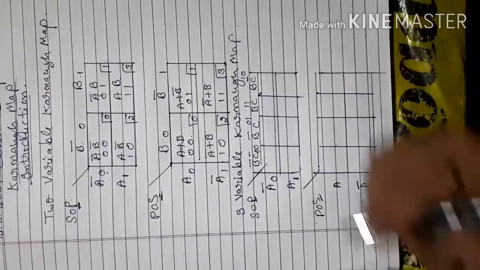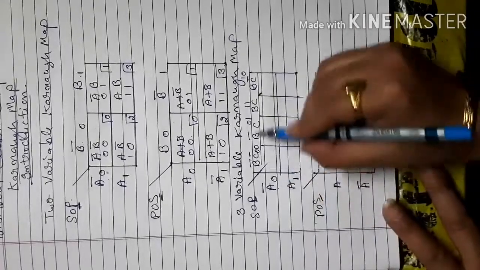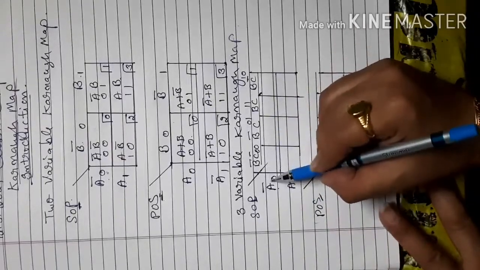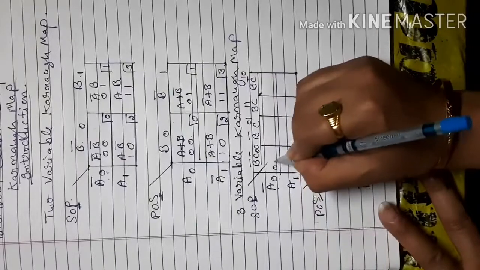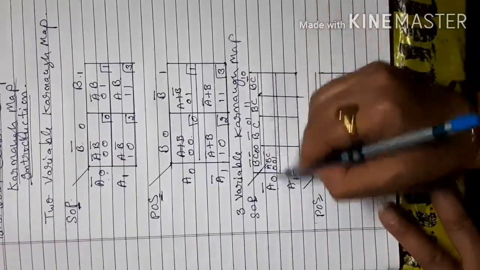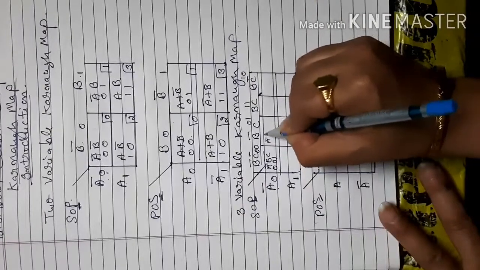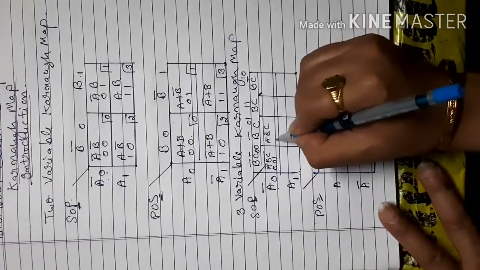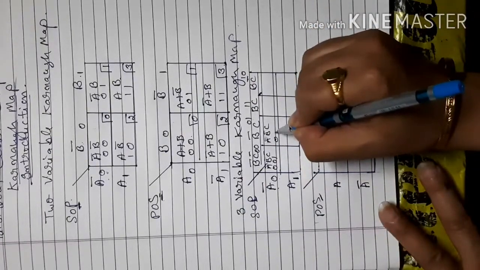When you join these, it will be 0 0 0, that is A complement B complement C complement. Then A complement B complement C, that is 0 0 1.